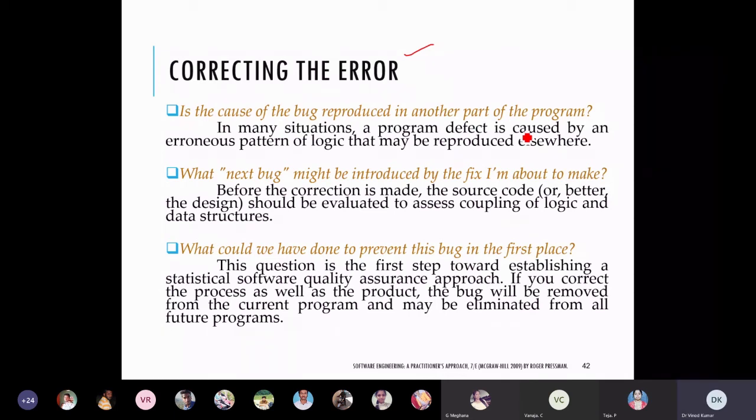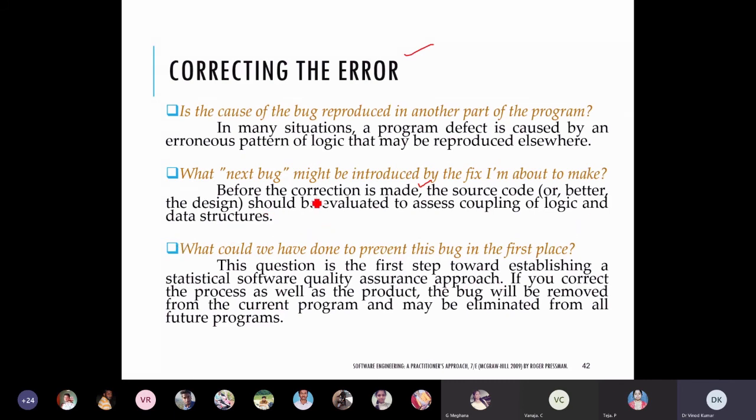The next question is whether another bug might be introduced by the fix I am about to make. Before the correction is made, the source code, or better the design, should be evaluated to assess coupling of logic and data structures.